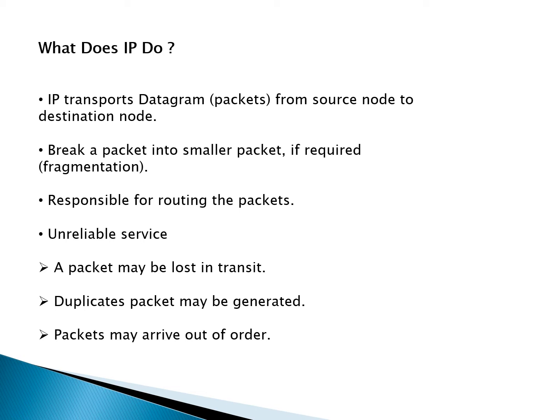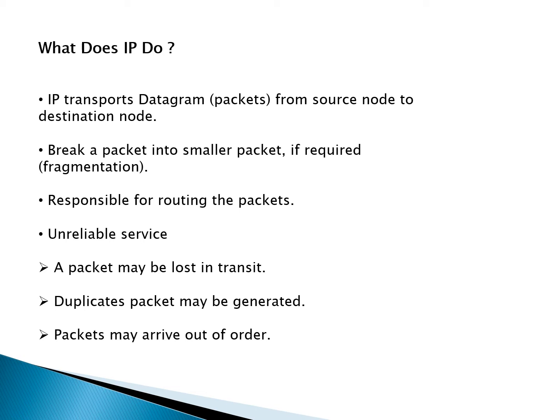So the IP layer is responsible for routing. The IP layer also has some additional features, like if it finds a packet is too large to forward to the next node, it breaks the packet into smaller packets. This process is called fragmentation.